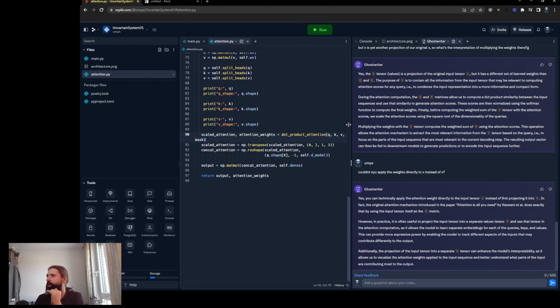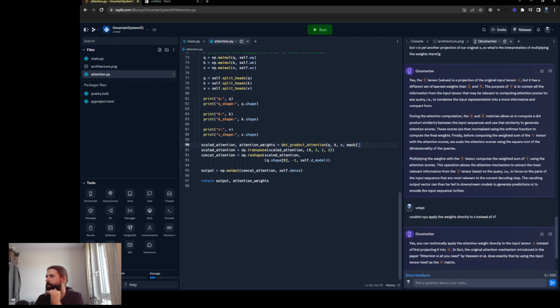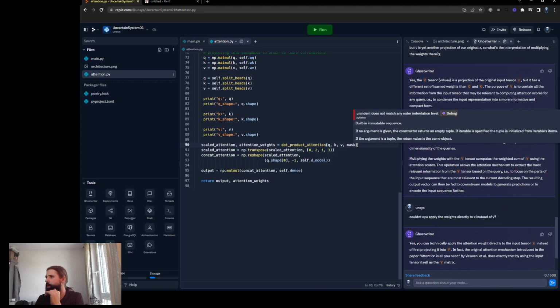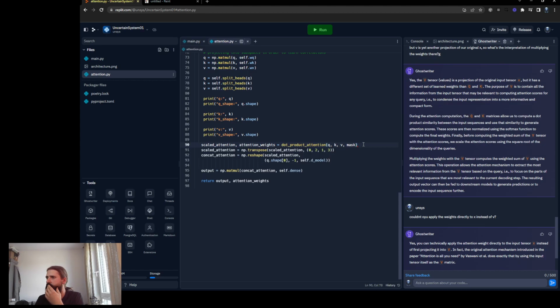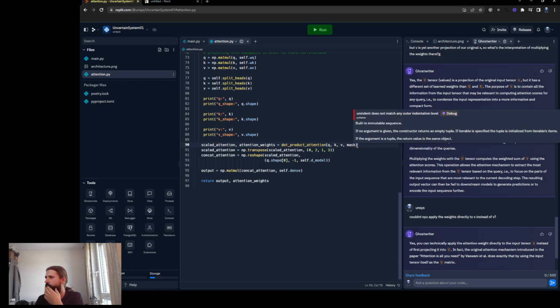I'm assuming that's not going to work if I hit run. Why is it complaining? What is this? Empty tuple.